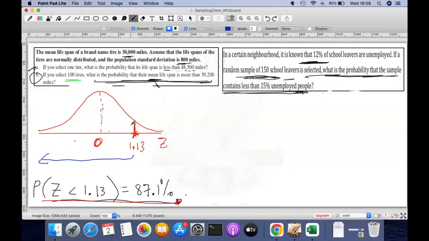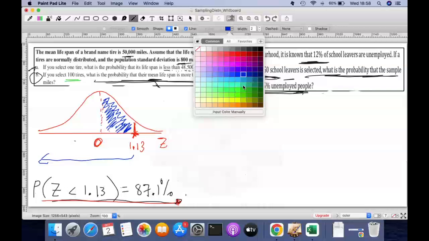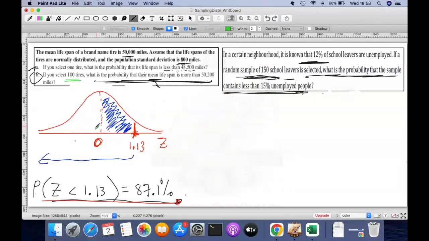So I need to work out the area under the curve here as well as this area here. It's all the area in this direction, so it's this green area as well as the blue area. And that will give you your probability. Does everyone understand that?